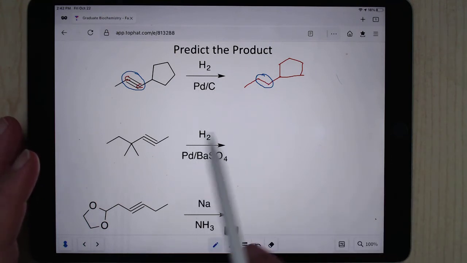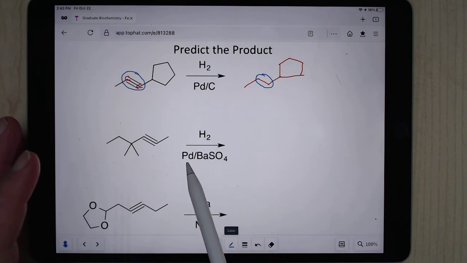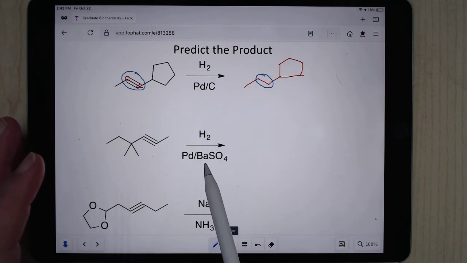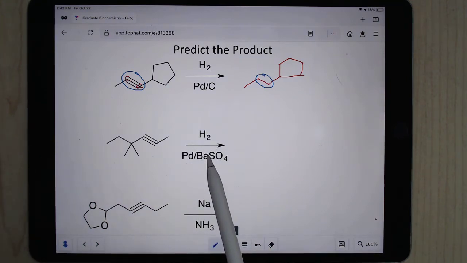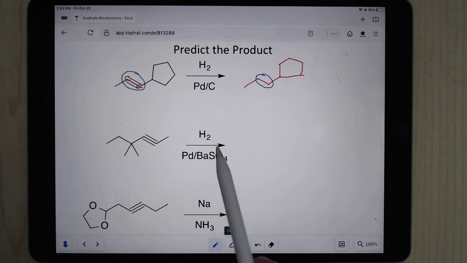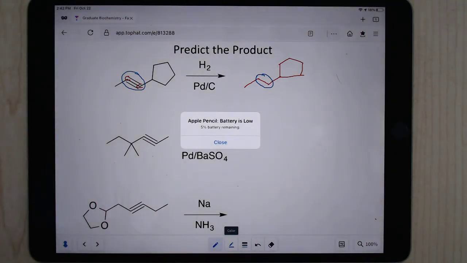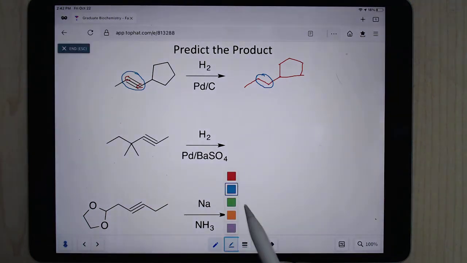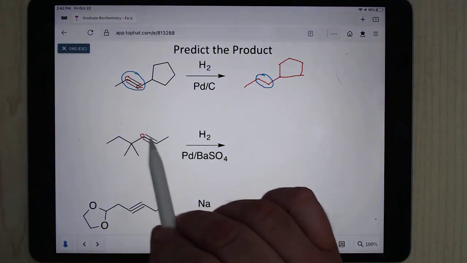Now for this one here we've got palladium, but it's got barium sulfate in here. So for here, it's going to be the poisoned catalyst, and so you're going to make the cis double bond. Again you've got this right here.